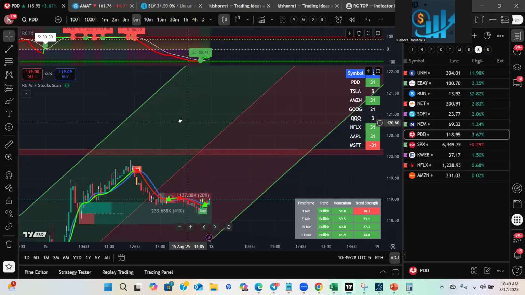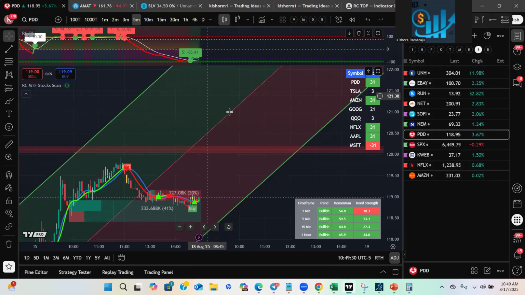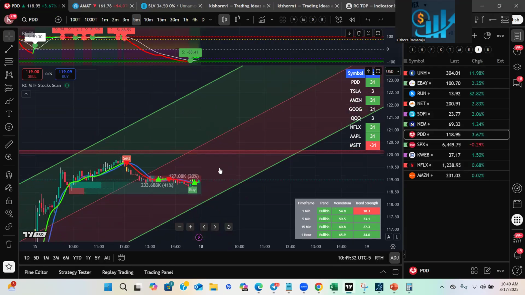It seems like it can break this resistance, go all the way to the top of the channel. Then if it goes to 120 to 123 by this Friday or by Monday or Tuesday, if it happens on Monday itself, you can make 150 to 200% on your investment. If it happens on Tuesday, maybe 120%. If it happens by Thursday or Friday, you may make 100% of your investment.